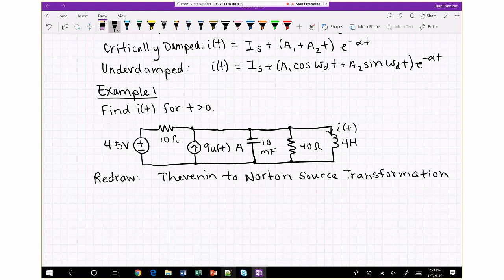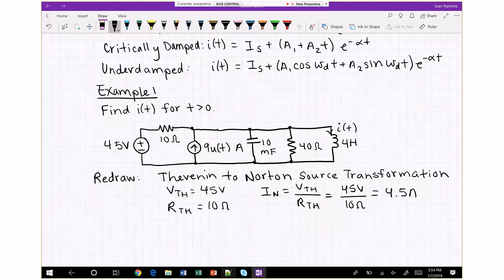Okay, so the Thevenin voltage is 45 volts. Thevenin resistance is 10 ohms. And by source transformation, we know Norton current will be Thevenin voltage over Thevenin resistance. That's 45 volts over 10 ohms, which gives you 4.5 amps.